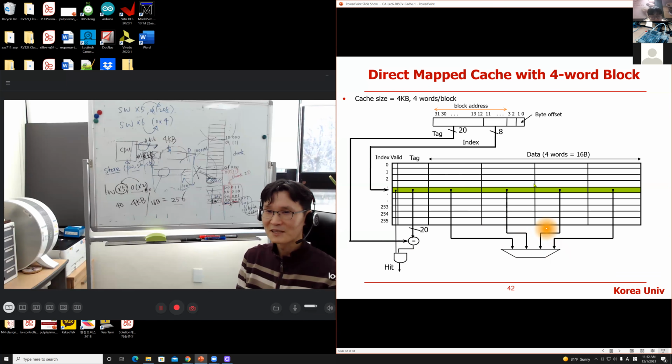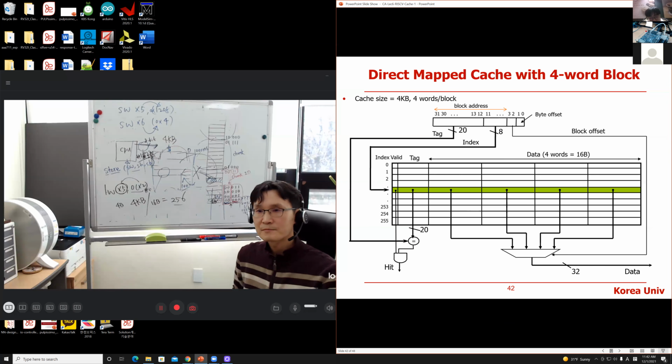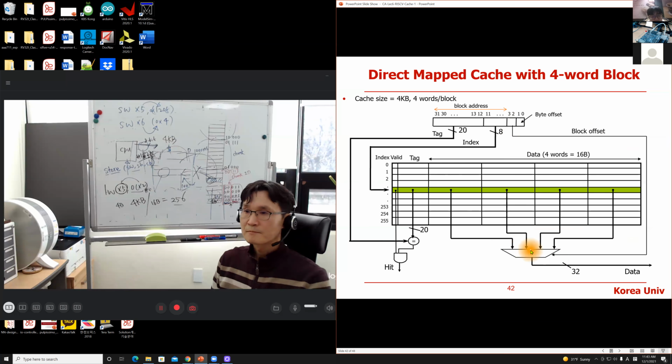Not control logic, but the address: 2 bits are used to select the word you are looking for, and that is supplied to the CPU.